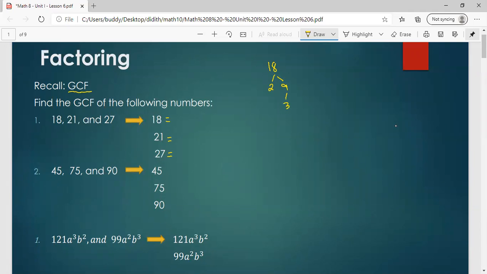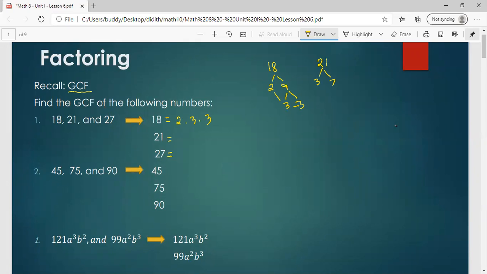When 9 is divided by 3 is 3. So these are the prime factors. So we have 2 times 3 times 3. With 21, when 21 is divided by 3, we have 7. So the factors of 21 are 3 and 7.